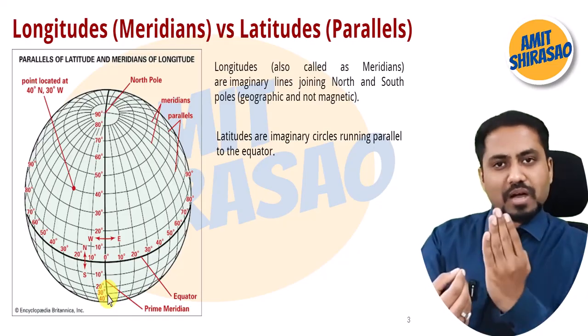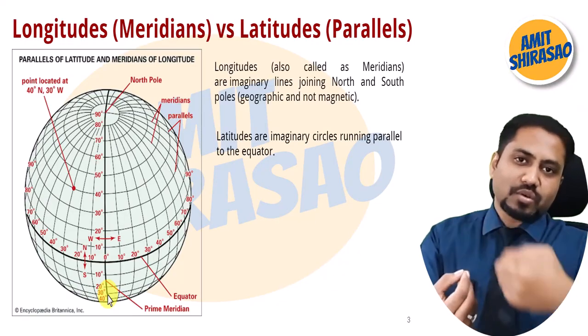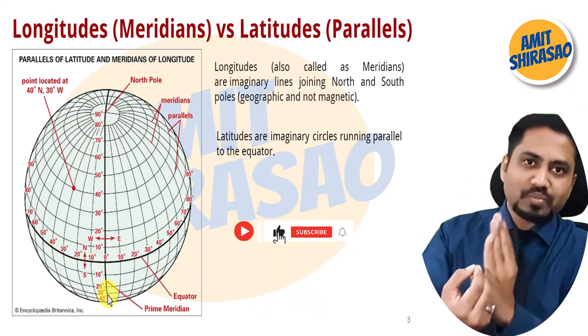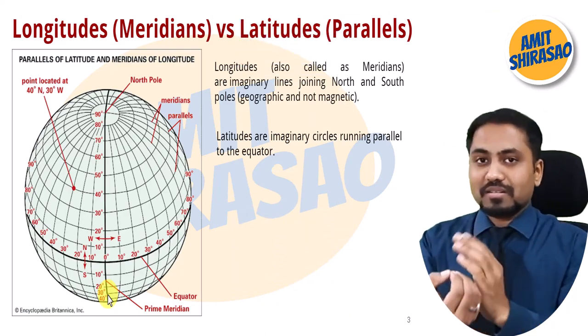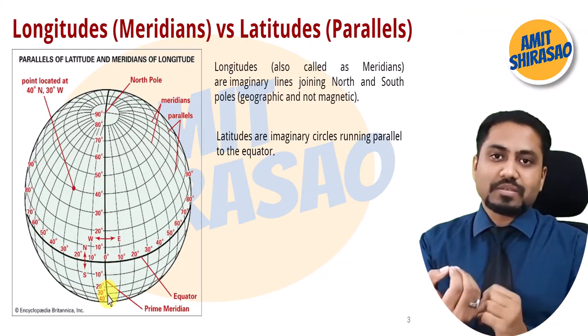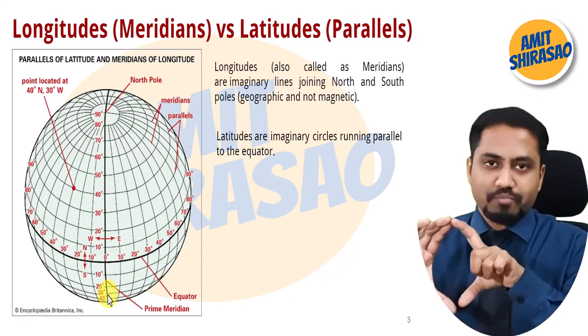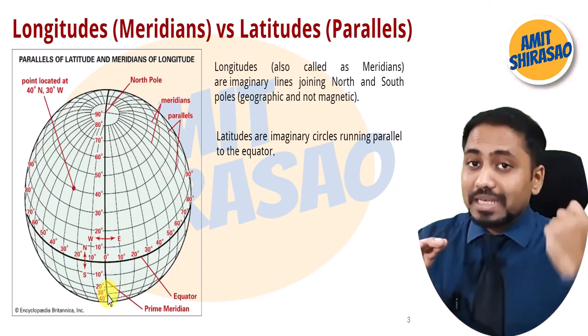So after 1 degree you will draw one more arc, after 1 more degree you will draw one more arc, so this way after 360 degrees you will come back to the prime meridian. So all those arcs are called meridians, and the first meridian which is considered as the basis for drawing all the other meridians is called the prime meridian.